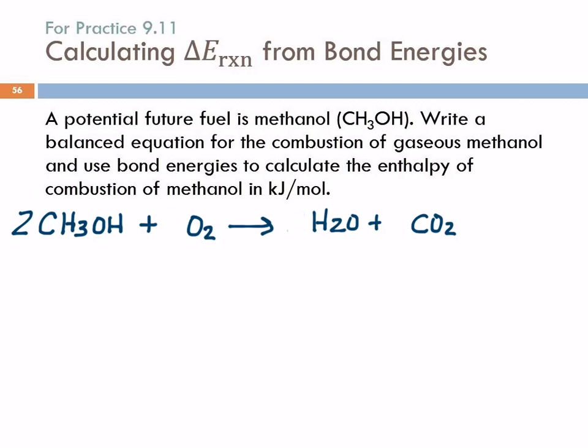And that's going to bump this up to a 4, because we need 8 hydrogens, 8 hydrogens and 8 hydrogens. And that's going to make this a 2. Now we've got 2 oxygens and 2, so there's 4 over here. We've got 4, and 4 is 8. So we've got 8 oxygens over here, and we need 8 on the left side, 2 in the methanol, and then we can get 6 from oxygen. There we go. A little bit of a round and around, but not too bad. Got to have the balanced chemical equation.